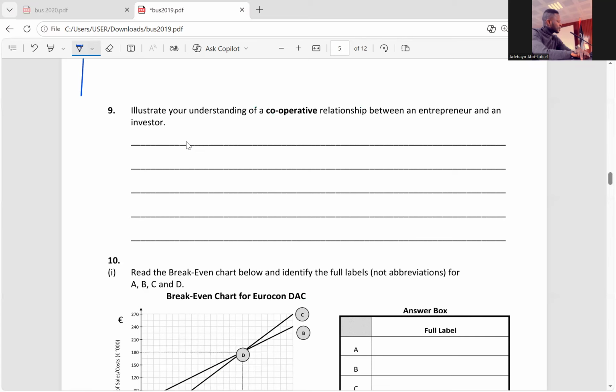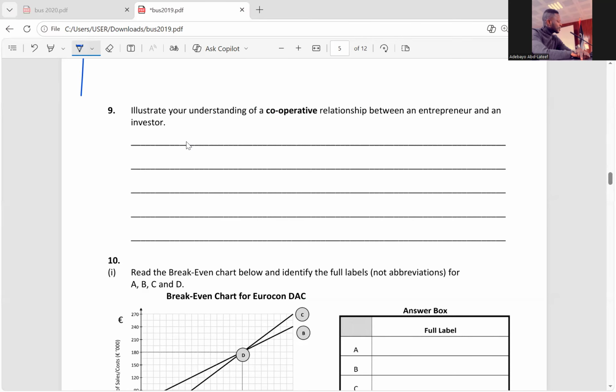A cooperative relationship occurs because both parties have a common goal, and it's a win-win situation. An entrepreneur is the individual who has the idea to set up a business. An investor is the individual, or the financial institution, that has money to give out to an entrepreneur.